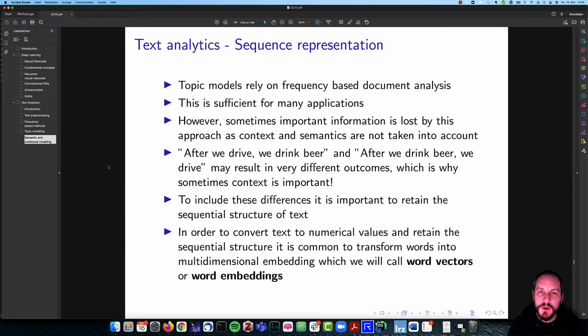So words that are meaningful in a similar way should have very similar numerical representations, meaning they should have very similar vectors. And this is what a word embedding or a word vector is.